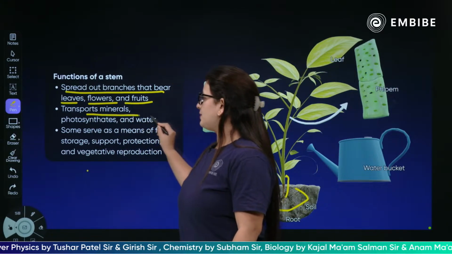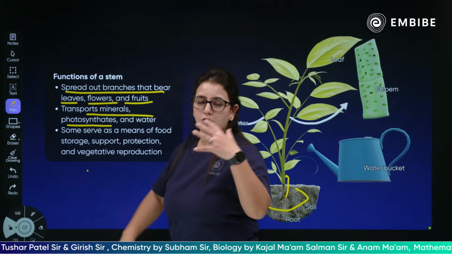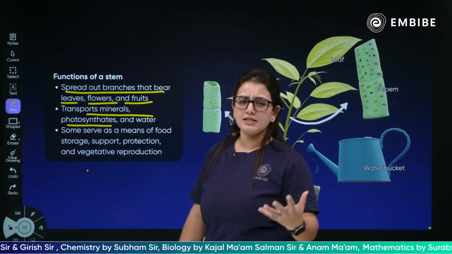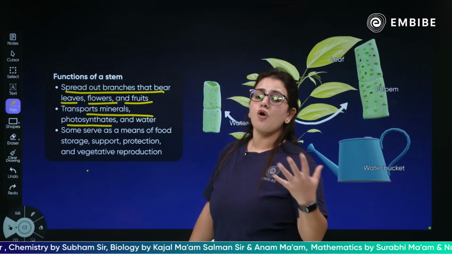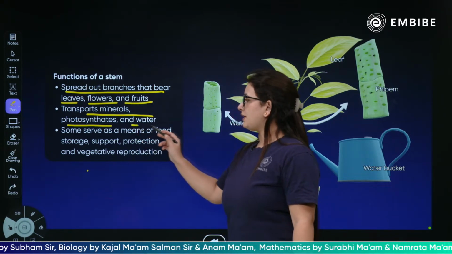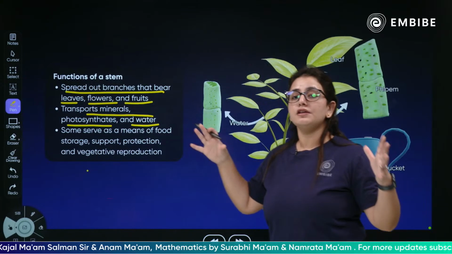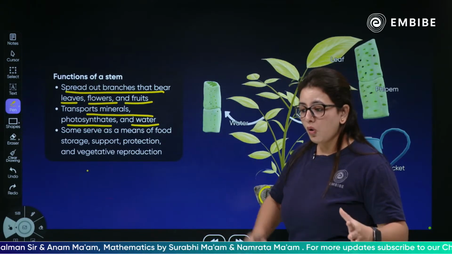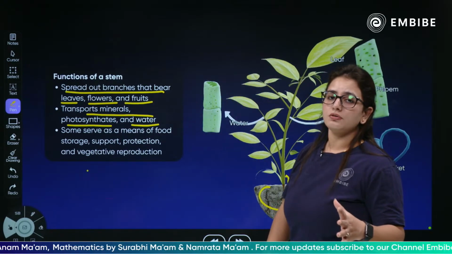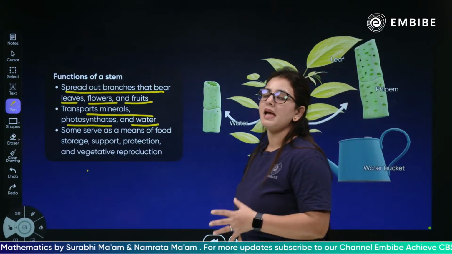It transports minerals, the products of photosynthesis, of course the food, and of course the water, because the branches have the phloem, while the central elongated part of the stem will have the xylem.